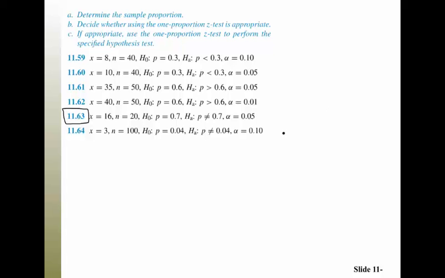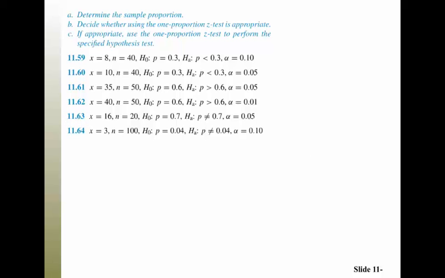Okay, so in 63, x equals 16, n equals 20. Is it appropriate to use the one proportion z-test? Is it appropriate or not?